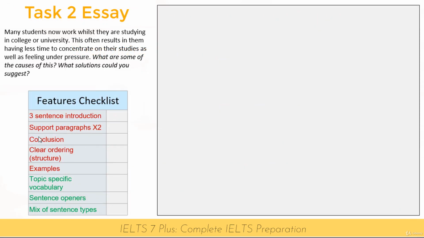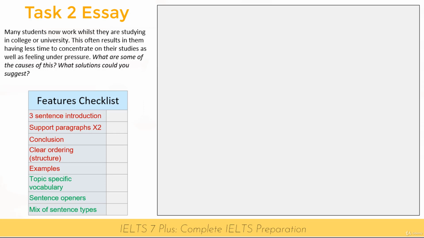Okay, so let's begin with our 3-sentence introduction. So the first sentence in the introduction wants to be a paraphrase of the question. Many students now work whilst they are studying in college or university. This often results in them having less time to concentrate on their studies as well as feeling under pressure.